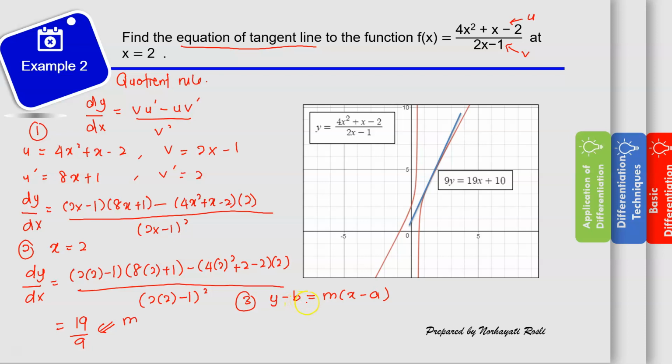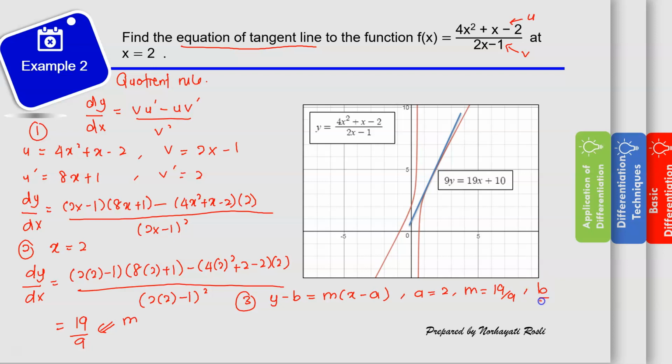But what is the value of b and a? a actually is the value of x, that is here 2. So in our case, a equal to 2, m equal to 19 over 9.